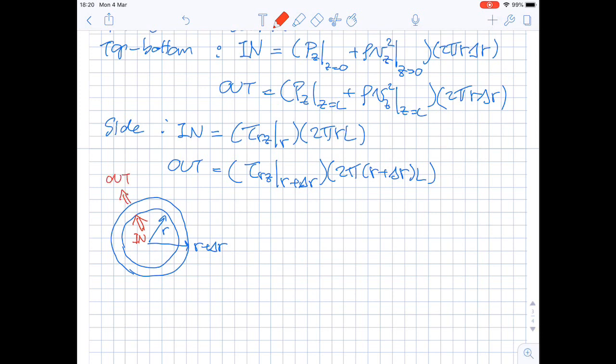The area for the flux going in is this area, 2 pi r times L, and the outer flux going to the outer circumference, which is this area, would be 2 pi times r plus delta r times L.